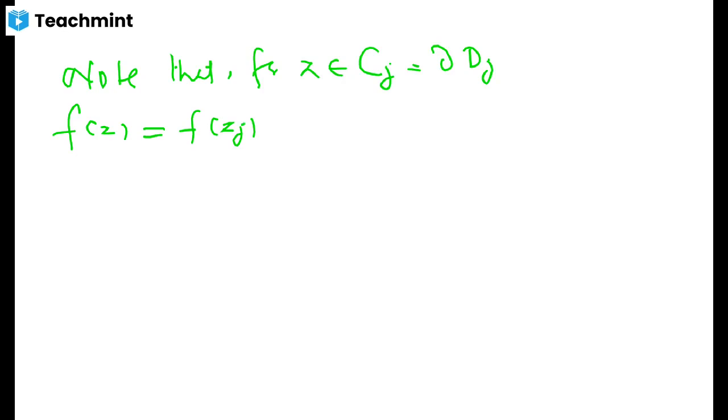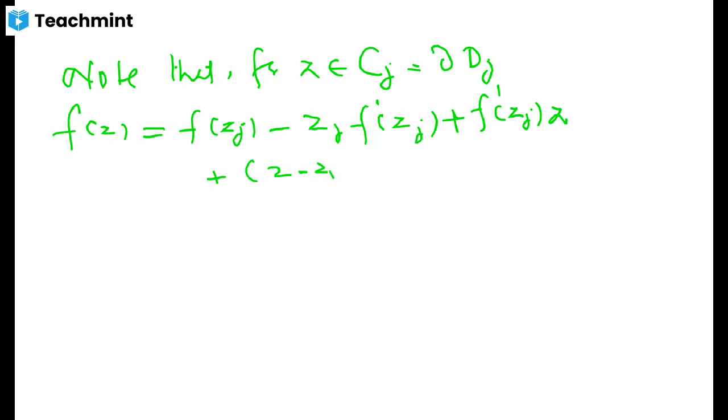I can write it in this way: f(z_j) plus derivative of f at z_j into (z minus z_j), plus (z minus z_j) into Δj at z.